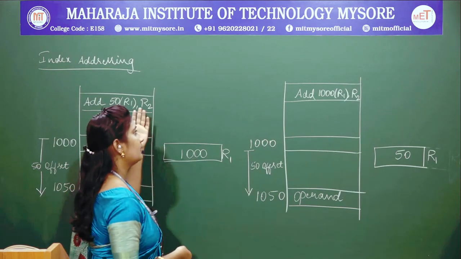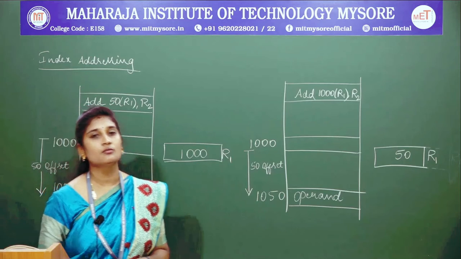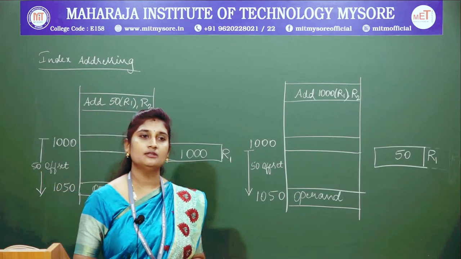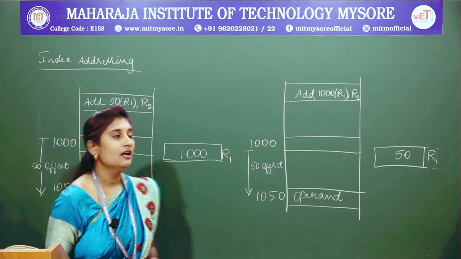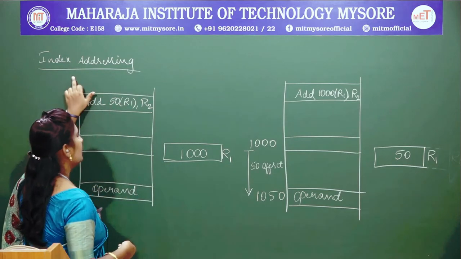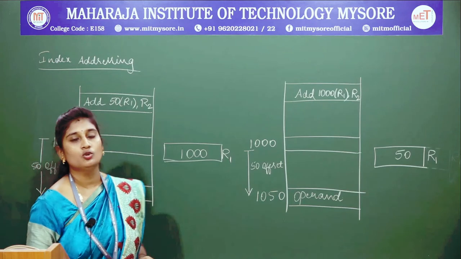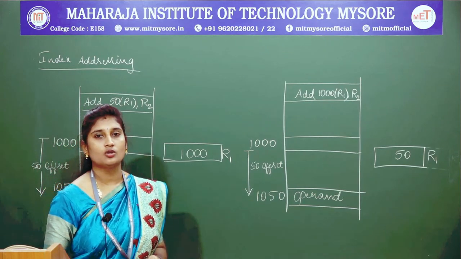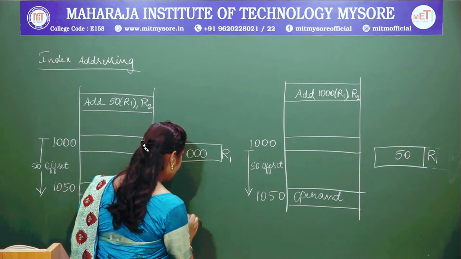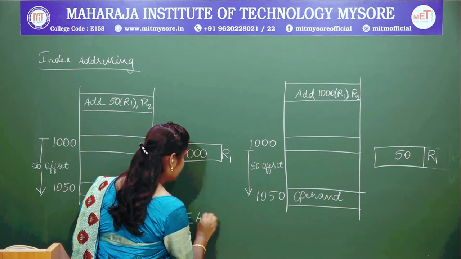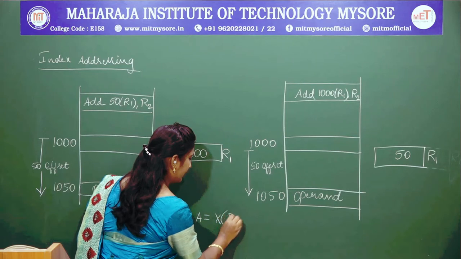The same is represented in index addressing mode also, but the difference is that you add a constant value to your effective address. So the effective address can be calculated as x of Ri.